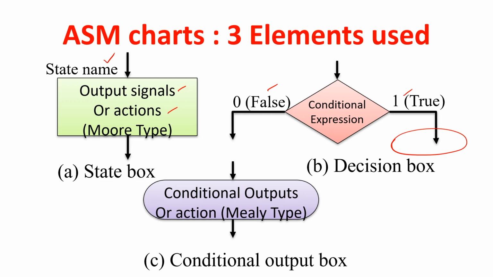ASM has timing information, and we can model both Moore type and Mealy type of ASM. Because of the combination of these three things ASM is more powerful, and on top of that it separates both control path and data path. So, these four things make ASM more powerful in modeling any digital system, bigger digital systems.